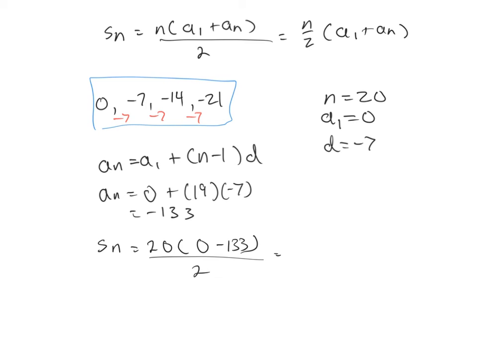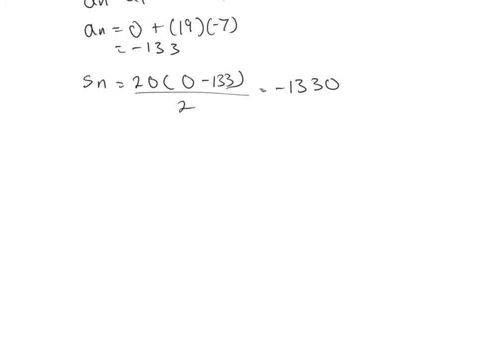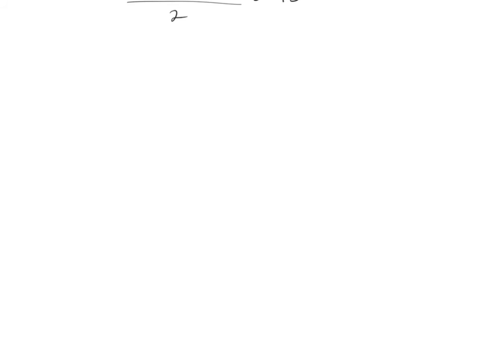Let's see here, 133 times 20, divided by 2. My full sequence sum should then equal negative 1,330.